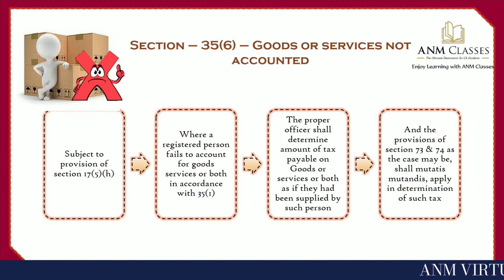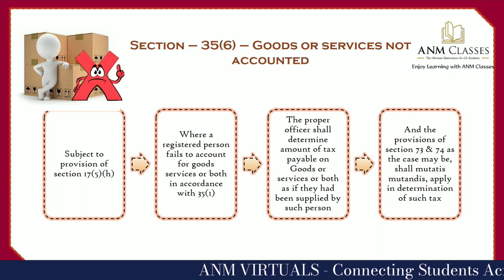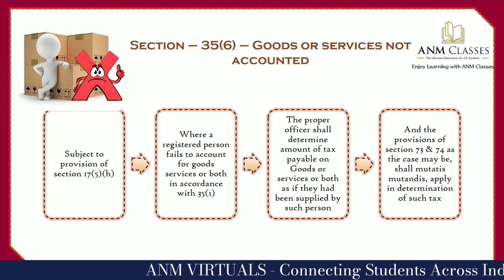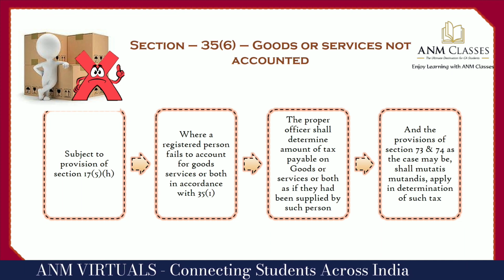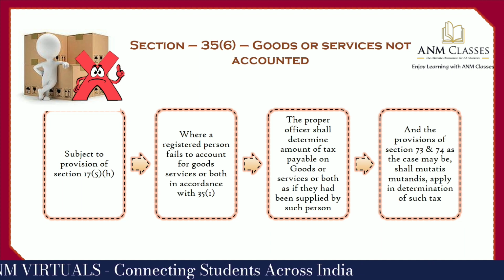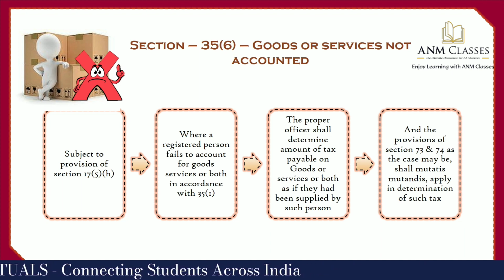registered person fails to account for goods or service or both in accordance with 35 subsection 1, அந்த section தானே list of records maintained at the principal place of business. நீ வந்து உனக்கு ஒரு goods, அதுல தானே inward supply இருக்குல்ல, அதுல தானே நீ purchase பண்ணத record பண்ணல, இல்ல sale பண்ணத பண்ணல.